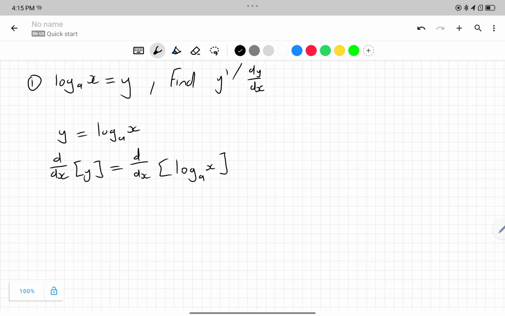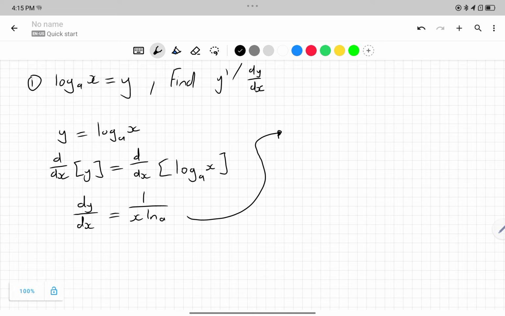So dy over dx is equal to 1 over x times ln a, where a is the base of the log. How did we come about this?